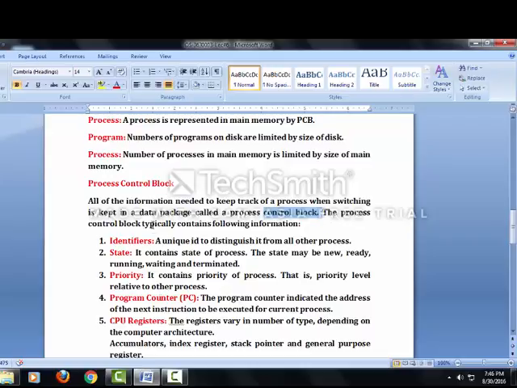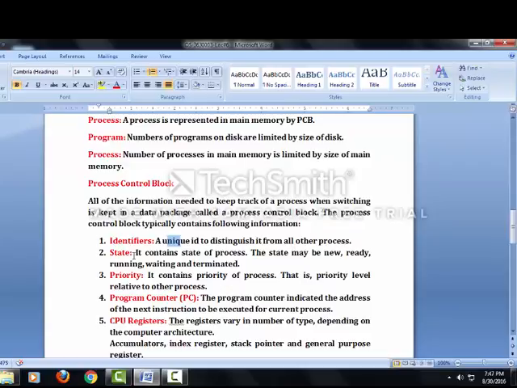The process control block typically contains the following information. First, the identifier. It is just a unique ID. At the time of creating the process, the operating system provides a unique ID to the process, which is known as the PID, process ID. It becomes the identifier for the operating system, a unique ID to distinguish it from all other processes, right?